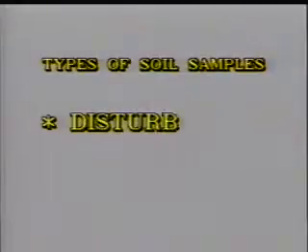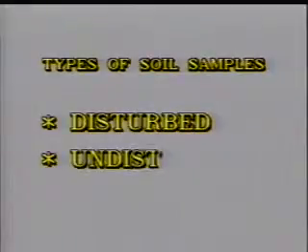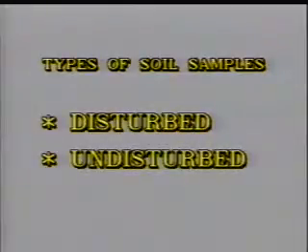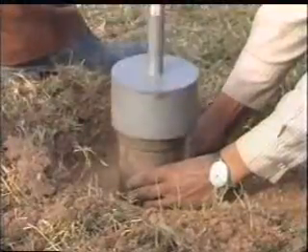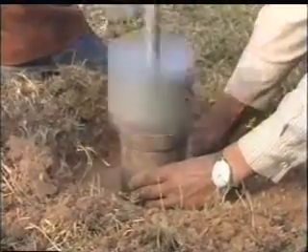Depending upon the nature of soil and degree of disturbance permissible during sampling operation, soil samples can be classified as disturbed and undisturbed samples. Look at this palace of cards.